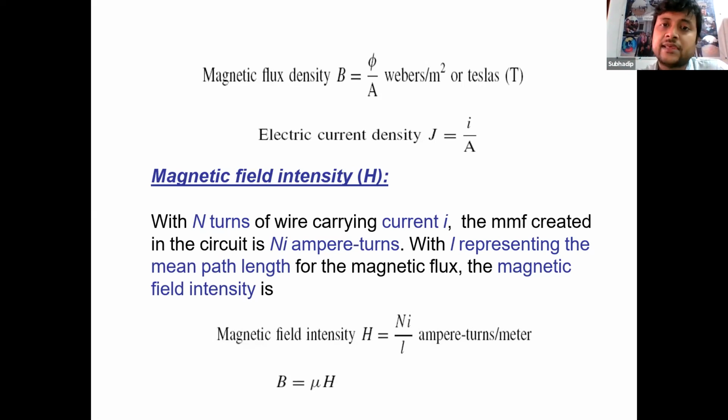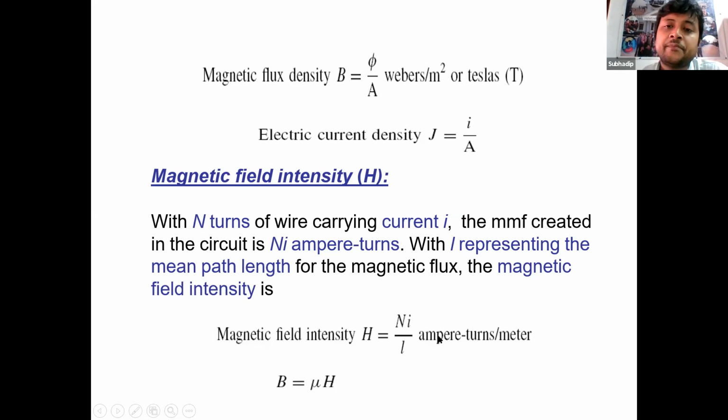So the length is L, and the magnetic field intensity is given by H equals the magnetic force divided by the mean length L, so H equals Ni by L. The unit is ampere turn per meter.